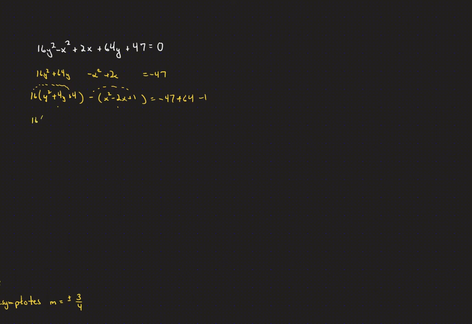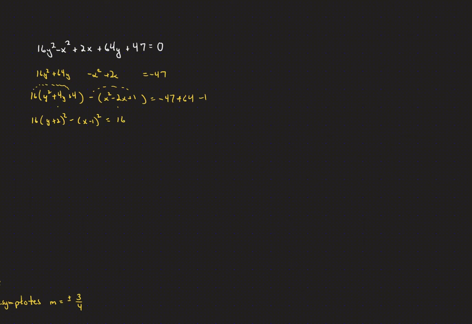So now it's looking like 16 times (y plus 2) squared minus (x minus 1) squared. And negative 1 and negative 47 is negative 48, and negative 48 from 64, I believe, is 16.